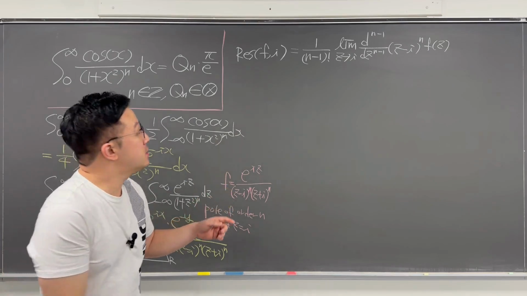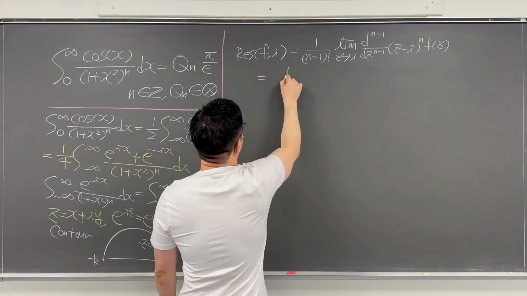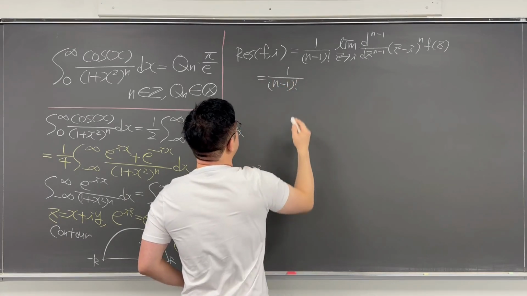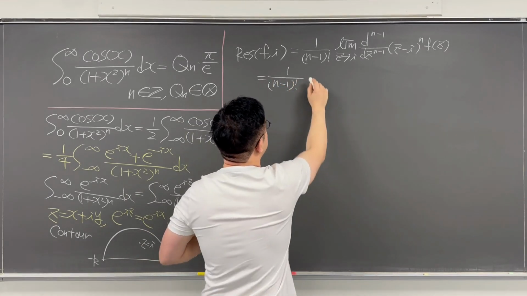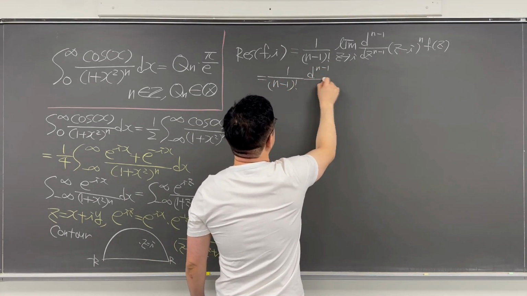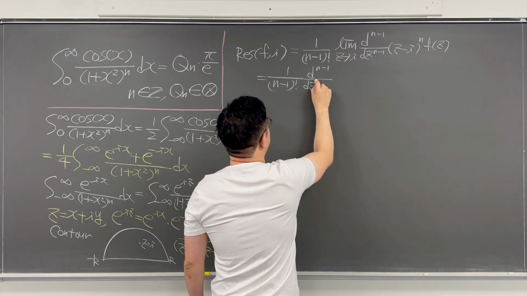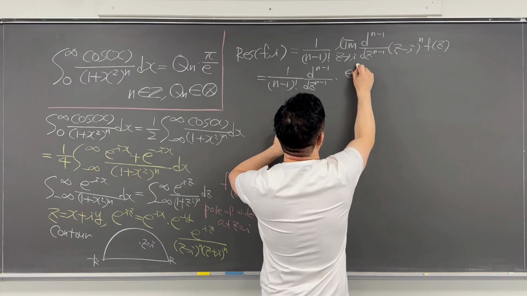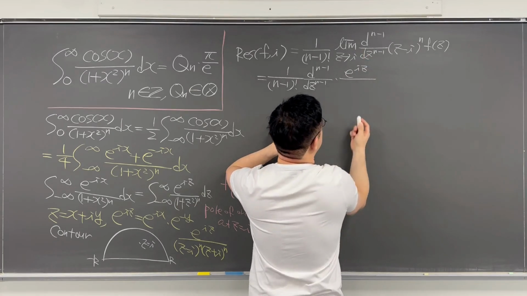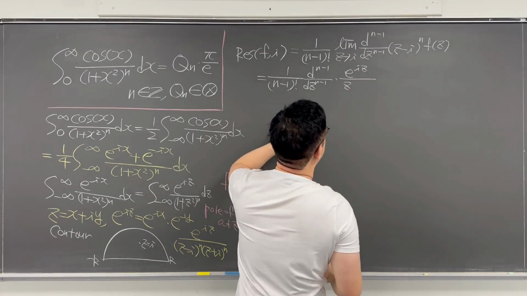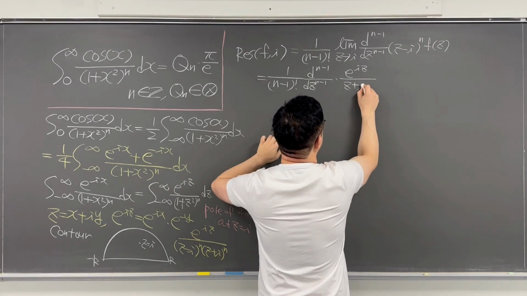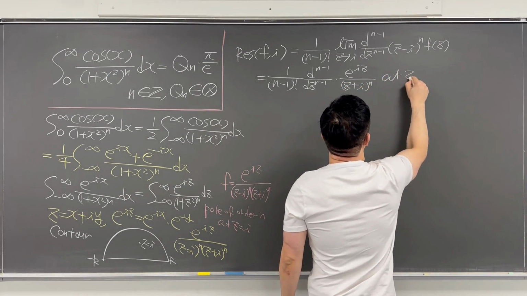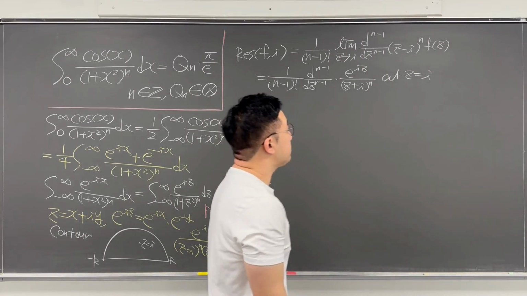If you rewrite this, it should be the same as 1 over (n minus 1) factorial times d^(n-1) over dz^(n-1) of e to the power of iz over (z plus i) to the power of n, evaluated at z equal to i.